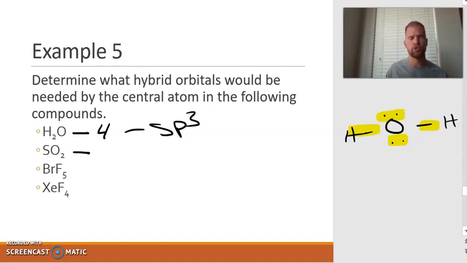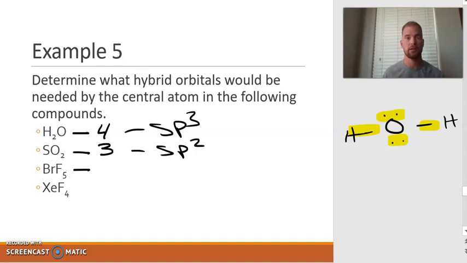What about SO2? How many electron domains does SO2 have? If you remember, there were different ways that you could draw SO2, but no matter which way you draw SO2, there are 3 electron domains. And so that would need the sp2 hybrid orbital. For BrF5, that was in a previous example that we did earlier on in this topic.